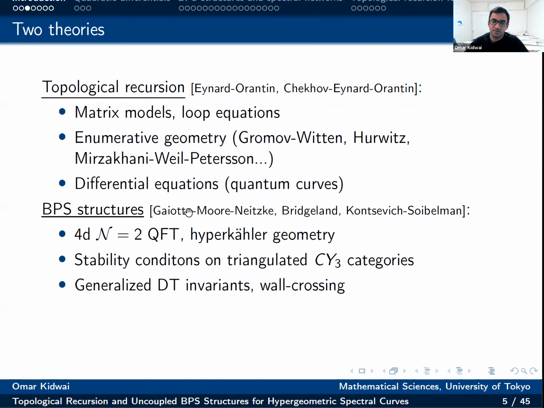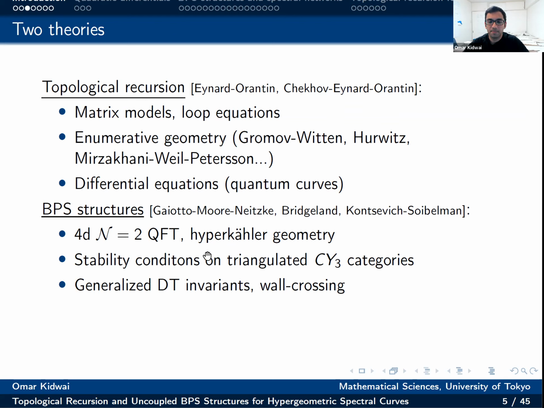Gaiotto-Moore-Neitzke studied 4d N=2 quantum field theories and made various constructions in hyperkähler geometry along these lines. Bridgeland came across the same things in his study of stability conditions. And Kontsevich and Soibelman's famous wall-crossing formula is also very closely related, controlling these BPS structures. And the theory of generalized DT invariants essentially follows this formalism as well.